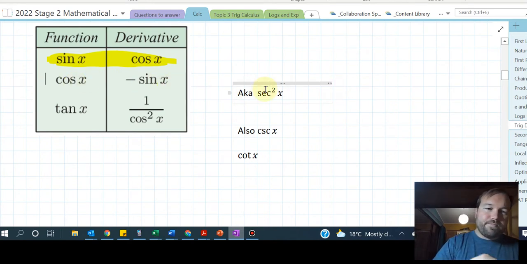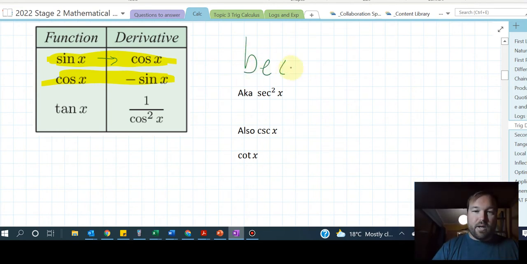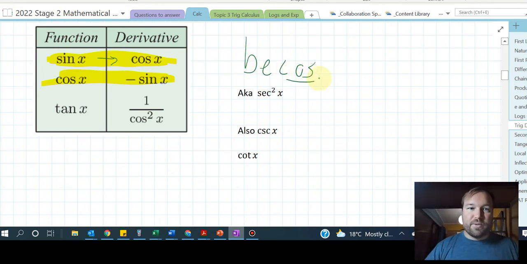Now, just focusing on these two for a second, how are you going to remember it? Well, A, you're going to have it written on a cheat sheet. If it helps you remember it, I think of sine x as simple, sine and simple, kind of similar words, so it stays nice and simple, it just goes to cos. Cos is difficult, so it just goes to negative sine.